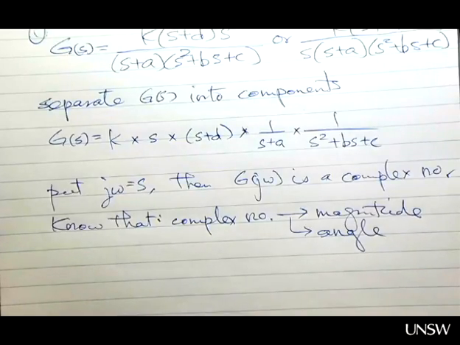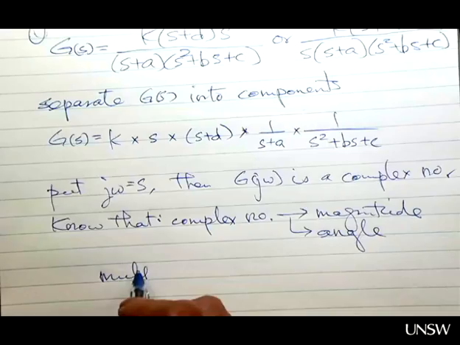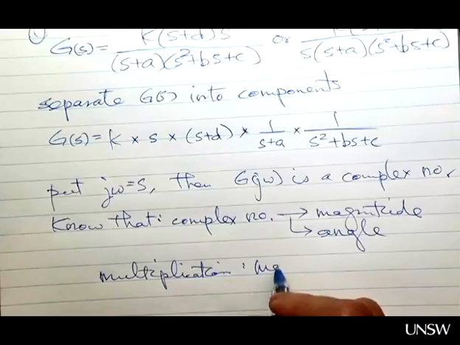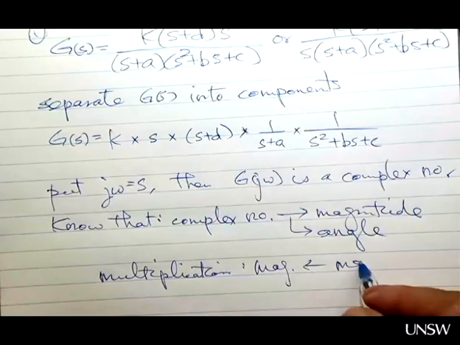We also notice that for multiplication, the magnitude of the result comes from multiplying the magnitudes of the different components together.